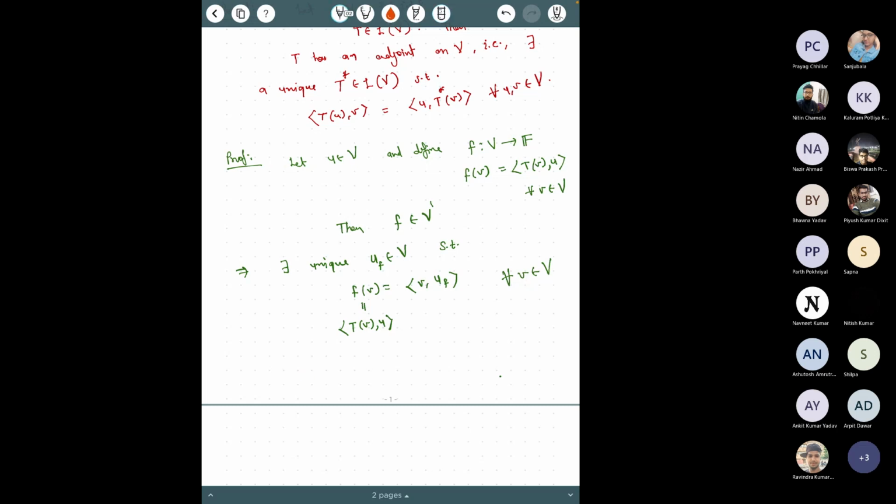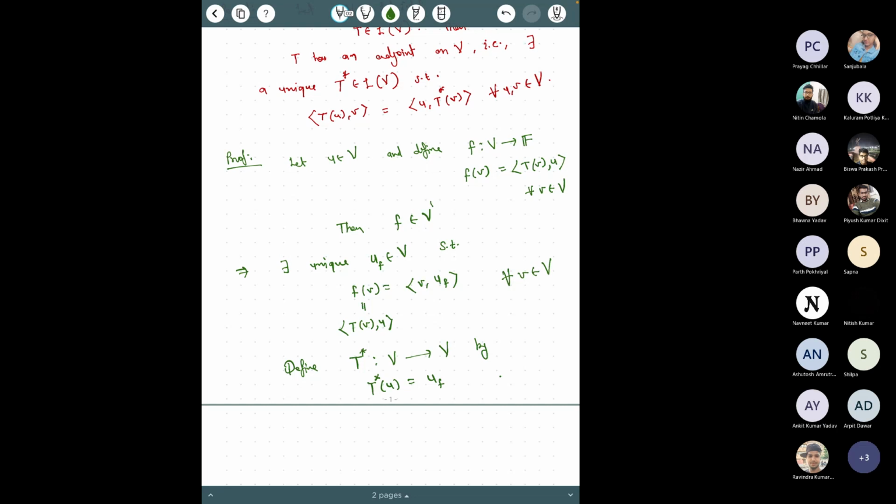So if I define T star, just a notation, from V to V this way, that T star sends u to u_f, you define it by this.